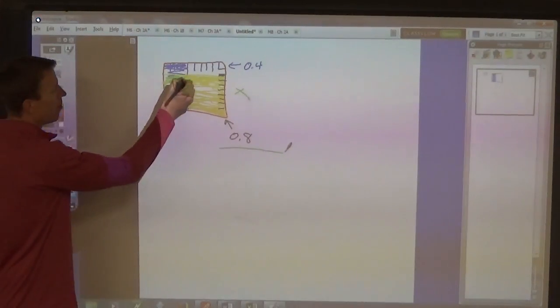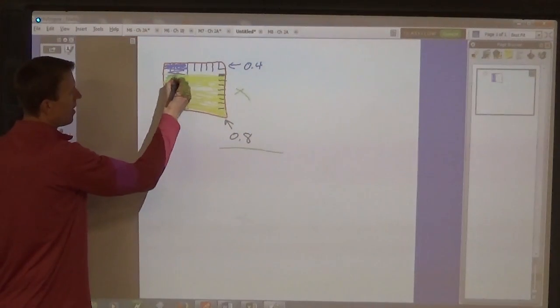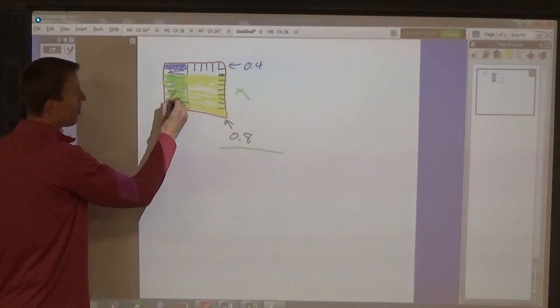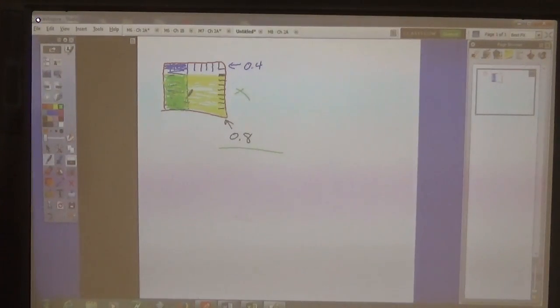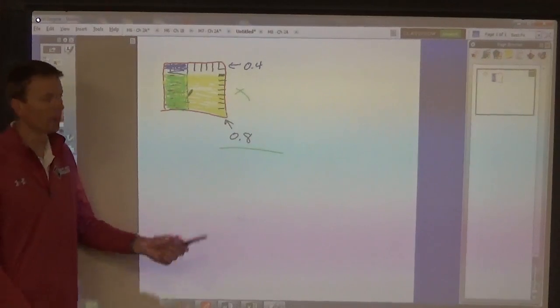So how many are double shaded, class? How many of you think are double shaded based on the numbers? Tate? How many are double shaded? Use the numbers to help you.